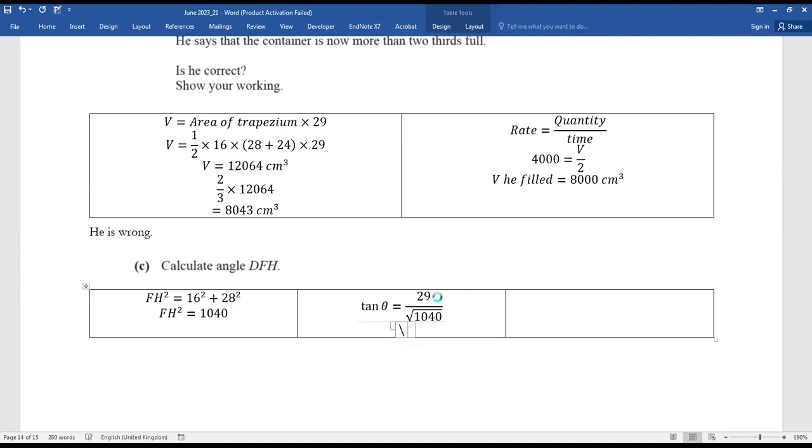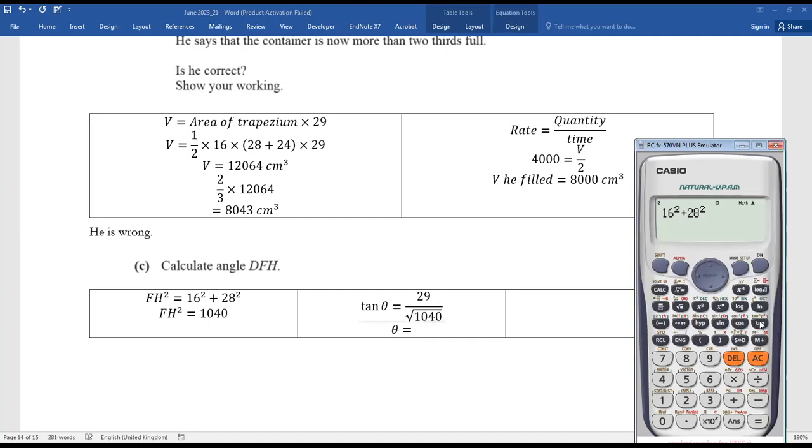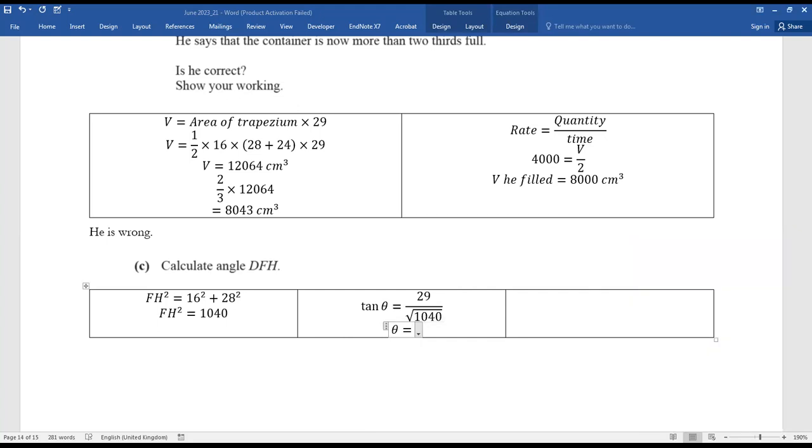So the value of theta, which is angle DFH, is tan inverse of 29 upon square root of 1040, 42.0. Make sure you are rounding it off properly. There is a 6 after the 9. So this will round off to 42.0.